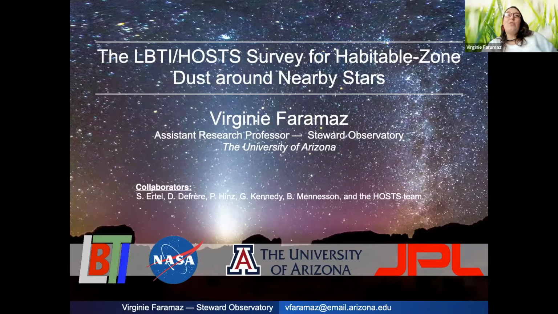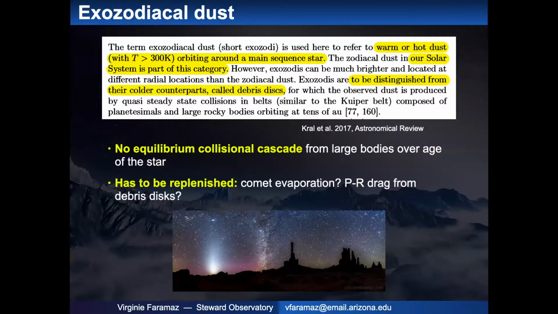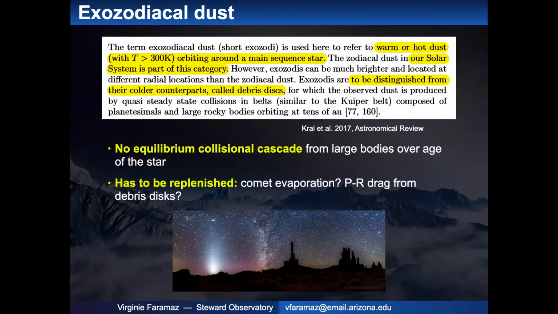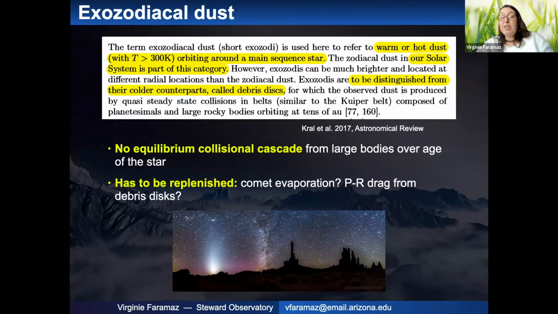So here we're going to talk about exozodiacal dust. A little bit of a definition. Steve talked about that very briefly, but I would like to expand a little on it. Usually we use exozodi for short, and it's an analog to our solar system's zodiacal cloud, which means that it's warm or hot dust that orbits relatively close to the star.